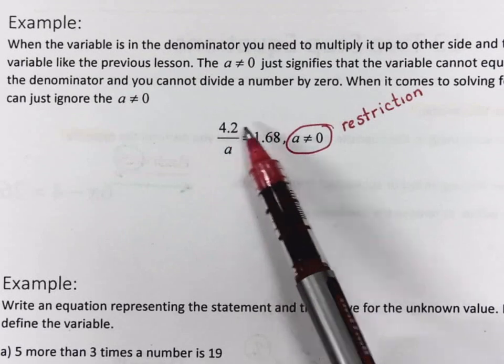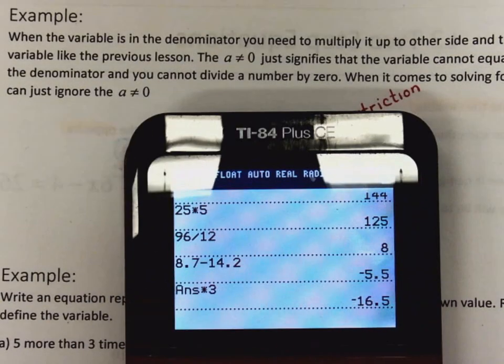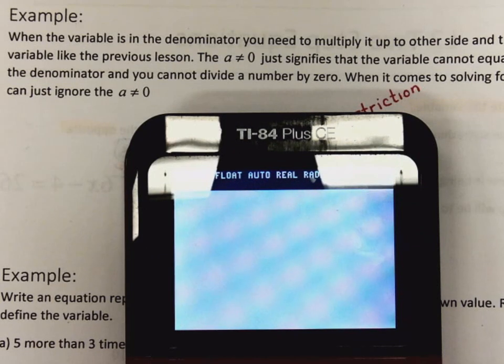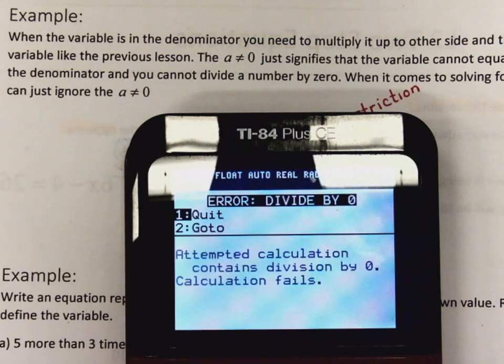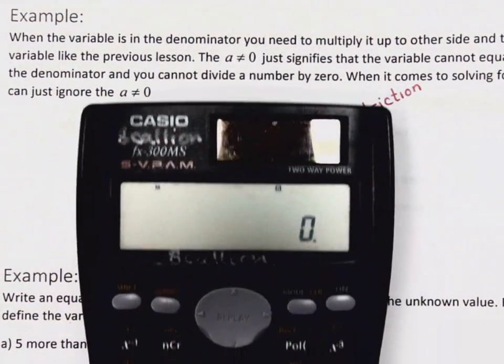Because if you take 4.2, let me put it in my calculator. If I take 4.2 and I divide it by 0, my calculator's going to give me an error. And if you don't have that kind of calculator that tells you what the problem is, I'm going to do it on this one.